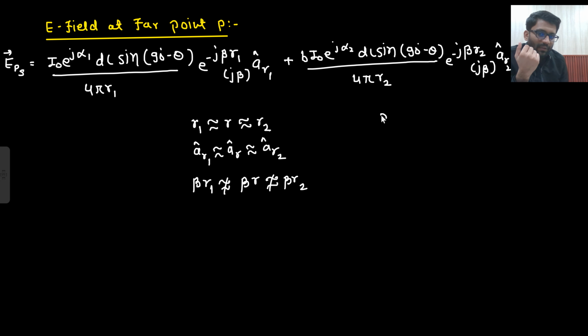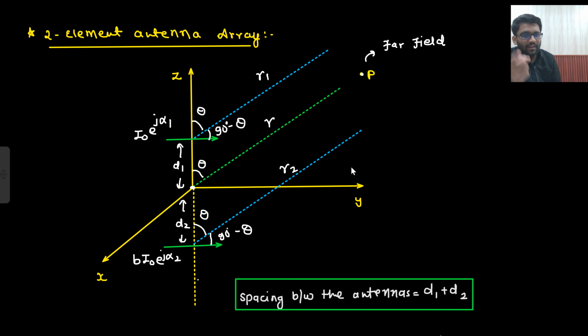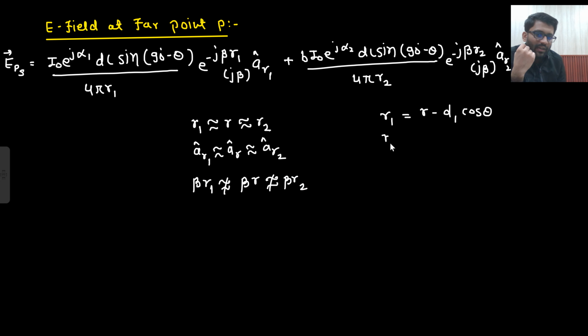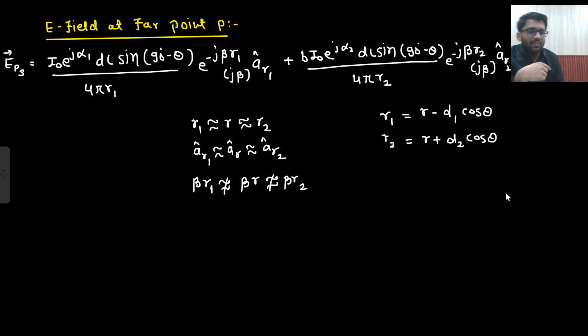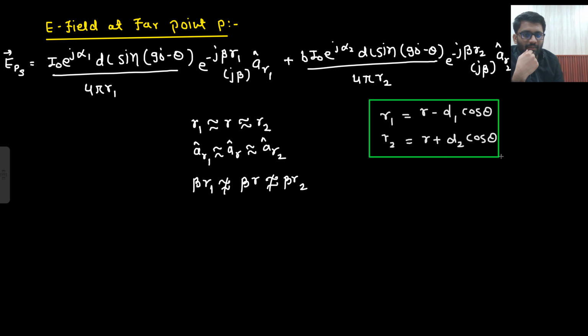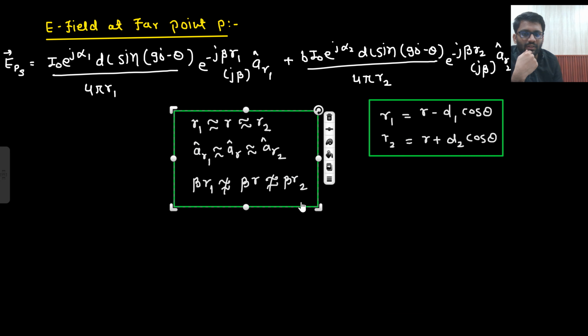So what is your r1? r1 is r minus d1 cos theta. Say yes or no. And what is your r2? r2 is r plus d2 cos theta. Say yes or no. So this I am going to use and this I am going to use. I am going to put that in this expression. So what am I getting now?